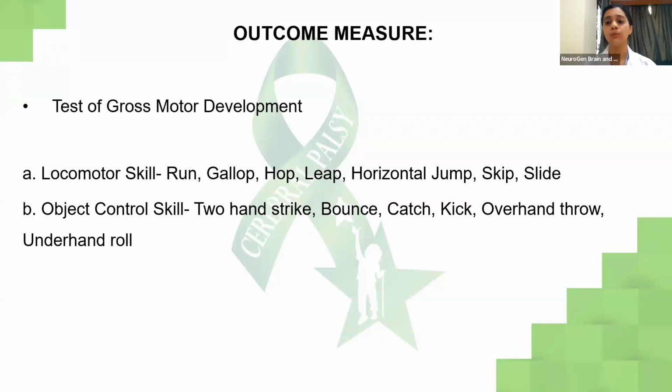So this is how we can grade a child. This scale can tell us about the child's potential to do certain things. This is only applicable if the child is good in cognition and has the ability to follow commands.